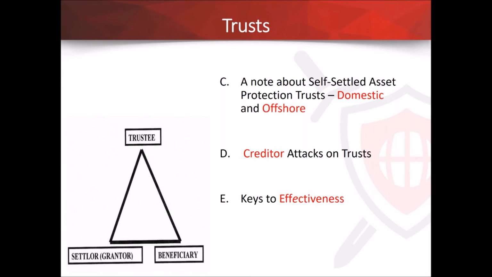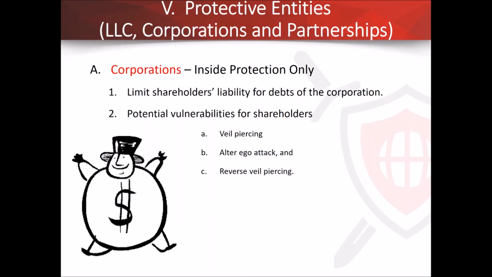Commandment number 9 is know who and how to trust, and we're going to talk for an entire hour, if this is your thing, about trusts, and it'll be mostly dealing with the domestic asset protection trust and the offshore asset protection trust, and some of the keys for effectiveness of those trusts. But Gary kind of hit on the general points today, and that's use the basic trust with the basic protections involved.